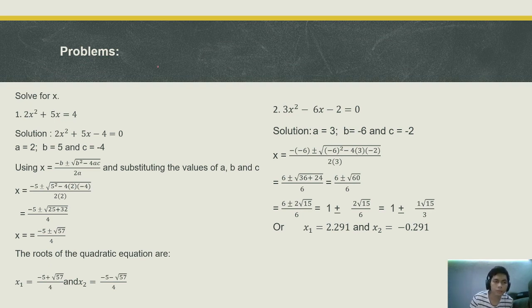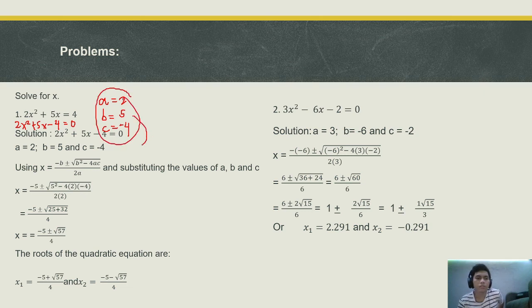Okay, so for number 1, our a is 2, b is 5, and remember c is negative 4, because the form should be 2x² + 5x - 4 = 0. Then substitute these values here. You will get the values or the roots of the quadratic equation.